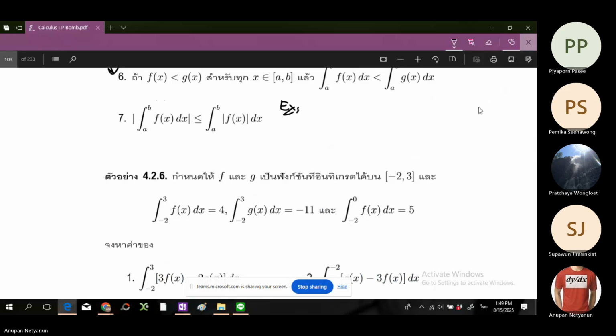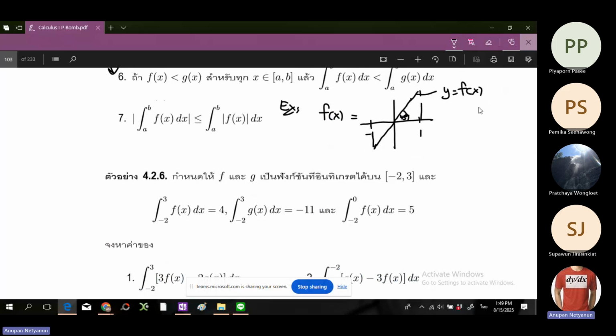Let my f of x have a graph like this, from -1 to 1, and let's say the line makes 45 degrees with the x-axis. This is my f of x.